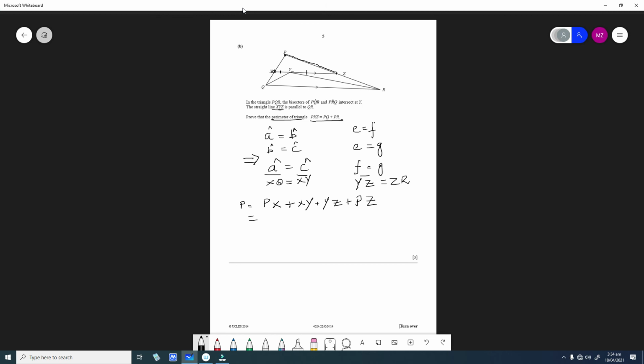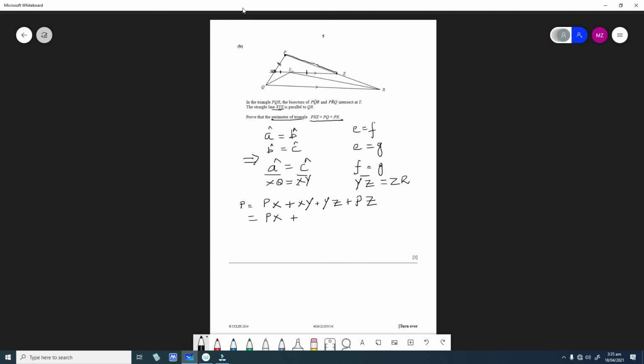Now we have to prove that the perimeter of the triangle PXZ is in terms of PQ and PR. So we must be replacing values so that we are able to get PQ plus PR. Now PX. First of all we figure out where PX is. This is PX. So we will be retaining this PX plus XY.